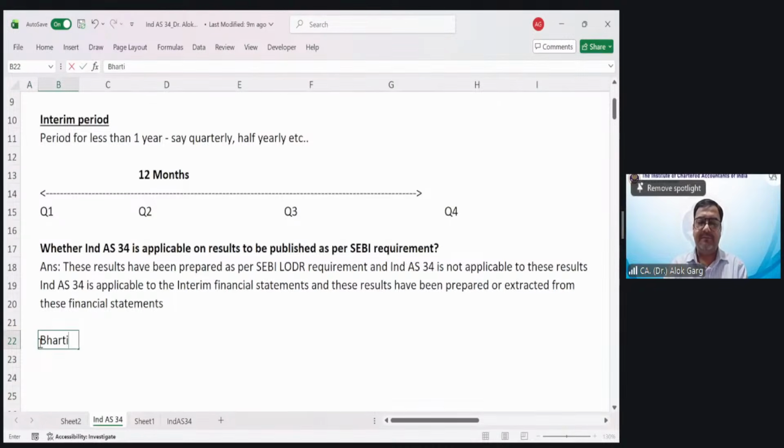Bharti Airtel Limited is a listed company.